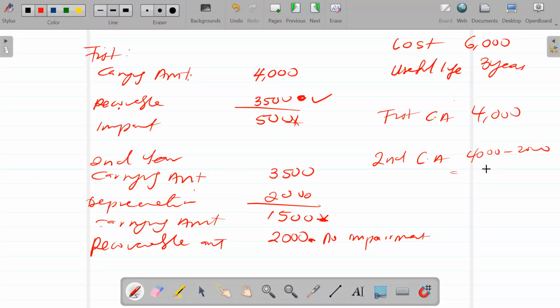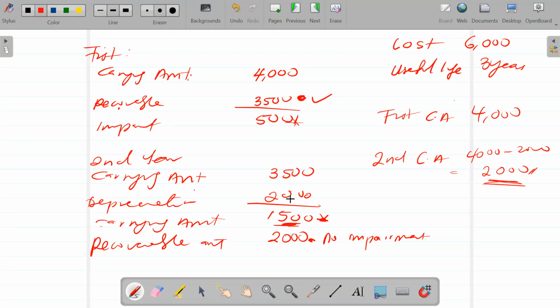Which will give us 2,000. So if there was no impairment, we wouldn't have a carrying amount of this 1,500. We would have had a carrying amount of 2,000.